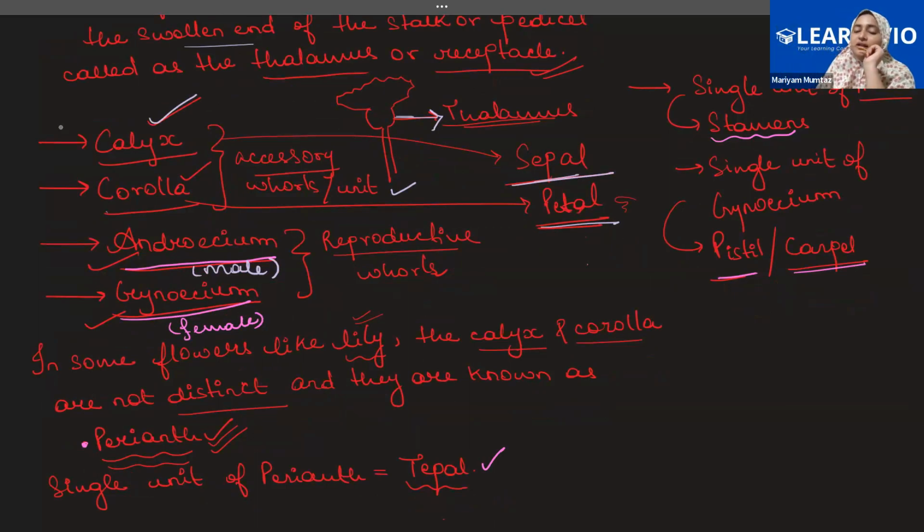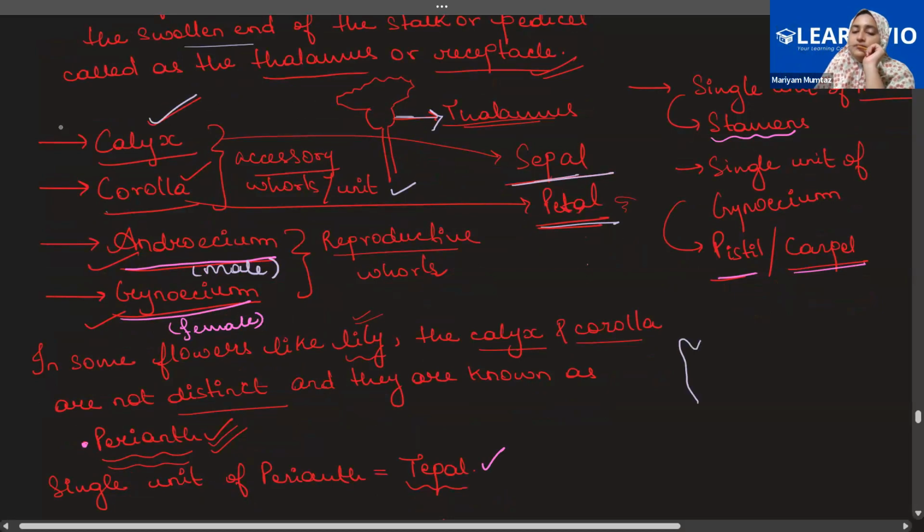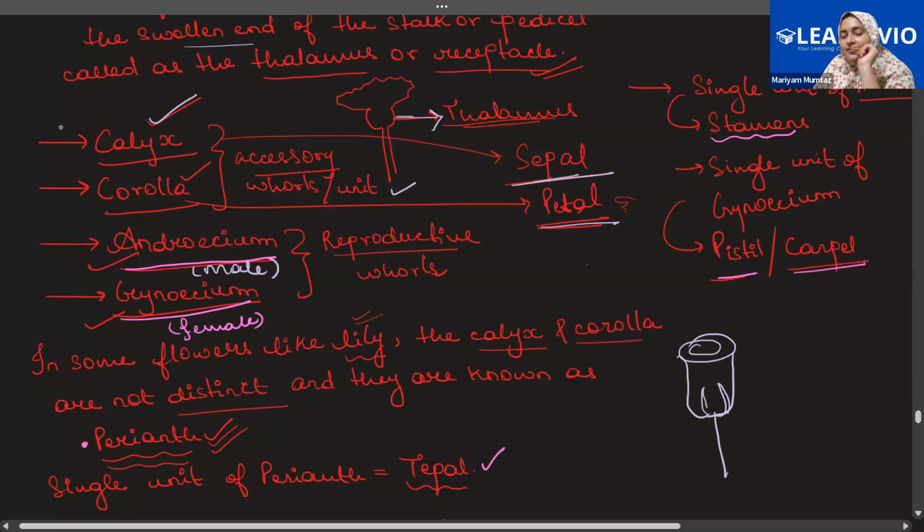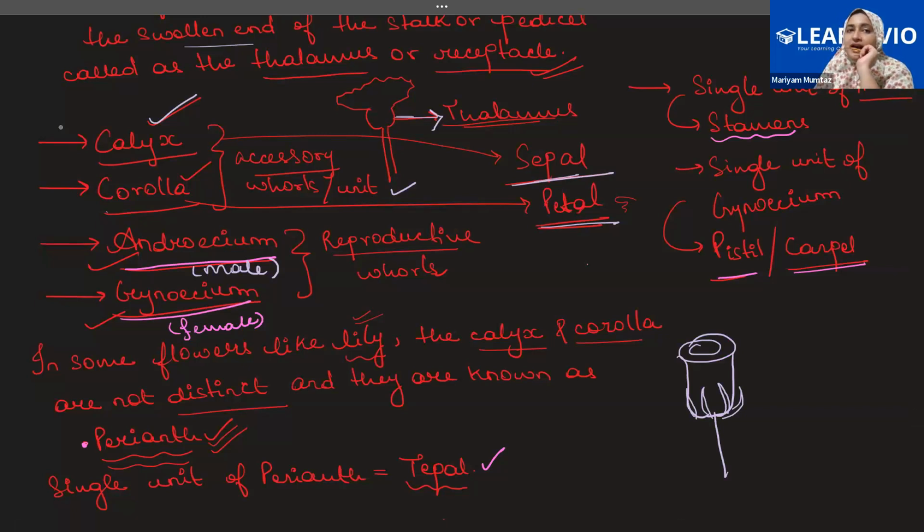Sepal is, if you have seen, for example, the rose, I'll draw a very juvenile rose here. If the rose is like this, have you seen the green stuff that is present like this all around it? It's very evident. And that is actually a sepal. All of it together is called calyx.